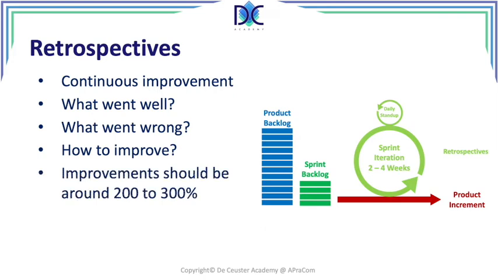Now, when you look at improvements, I already mentioned it before, they should be around 200 to 300%. That's typically what is estimated by Scrum teams, that you start with the sprints and the improvement should be 2 times, 3 times better.